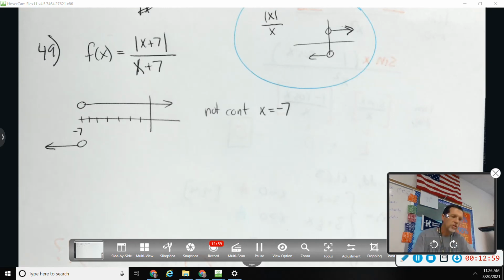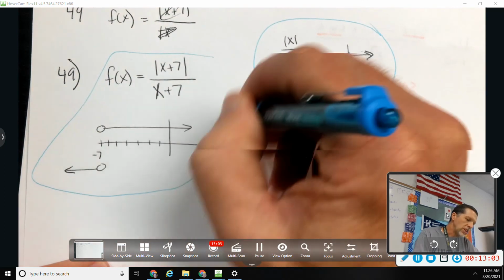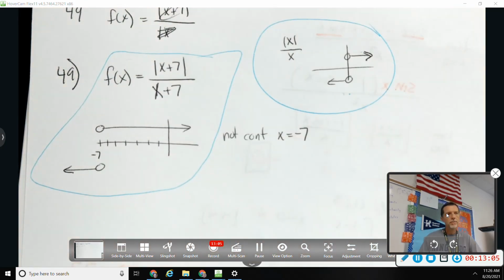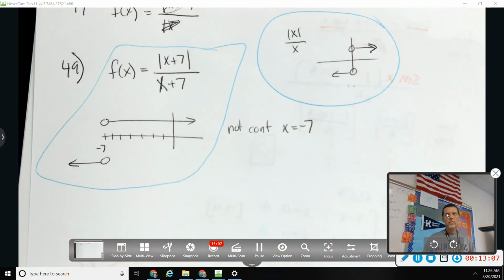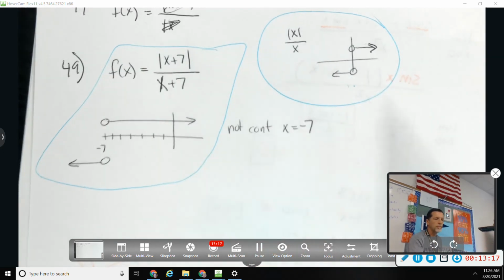But I wanted you to see that picture again, because you will see it again next block day. Next block day is our test, if you didn't put that together. So it's not a hard one, and the answers aren't difficult, but you got to know what the picture looks like. Then you can answer all sorts of questions about left limits, right limits, functions, continuity, all sorts of stuff.